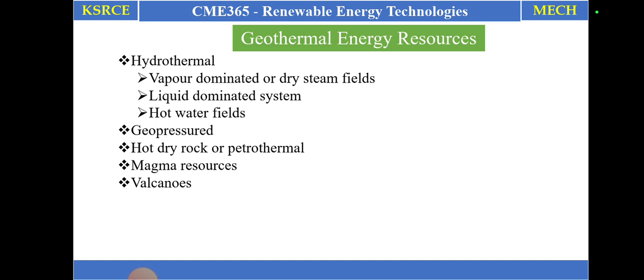Magma chambers have huge thermal energy compared to other geothermal resources. However, extracting thermal energy from volcanic vents is difficult. No technology exists to tap into the heat resources stored in magma.